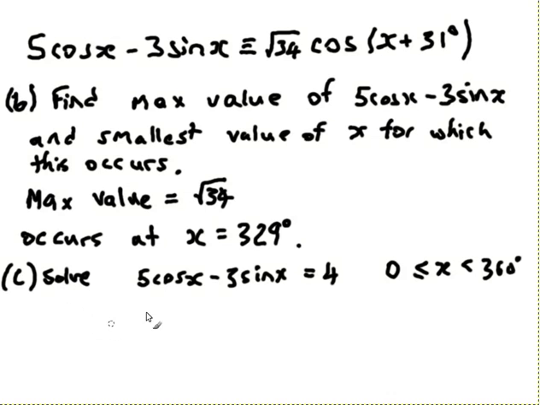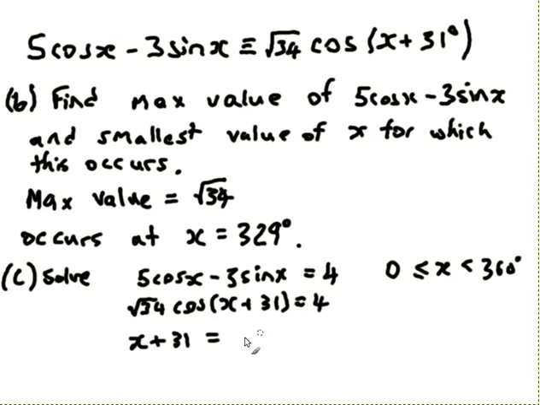Well, all we do is we use our new format, root 34 cos of x plus 31, which equals 4. And then we divide by root 34 and inverse cos. So x plus 31 is going to be equal to inverse cos of 4 over root 34, which does in fact equal the following.